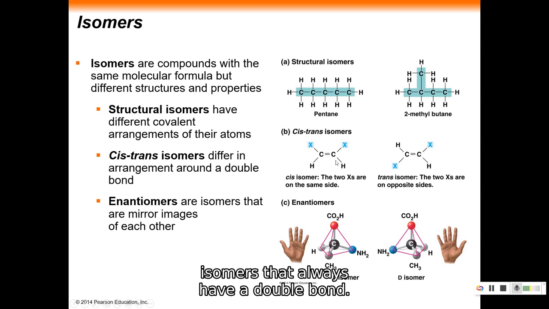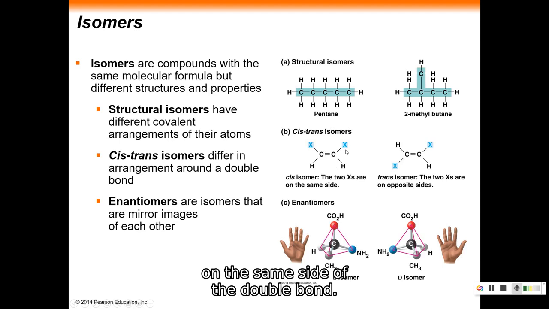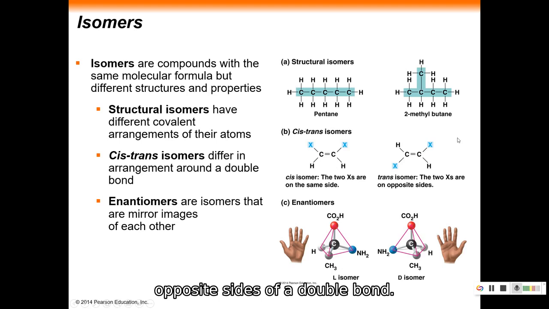Cis-trans isomers are a type of isomers that always have a double bond, but the stuff around the double bond is going to be in different shapes. So here we have 2 hydrogens and 2 X's that just stand for something special in there, right? So here those 2 X's are on the same side of the double bond. Here those 2 X's are on opposite sides of a double bond.